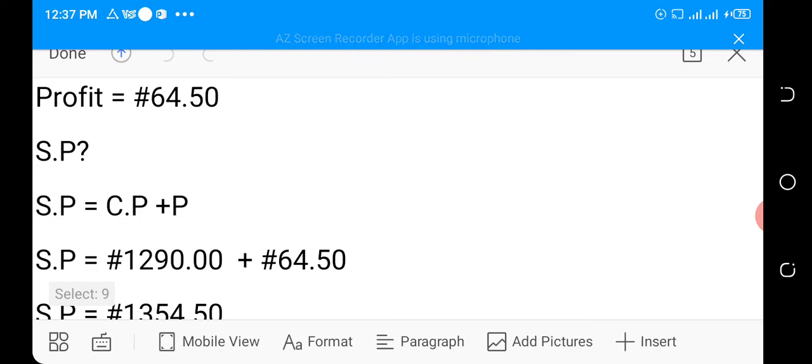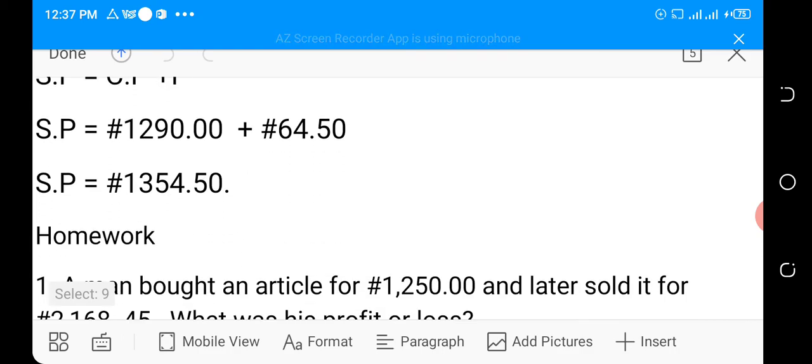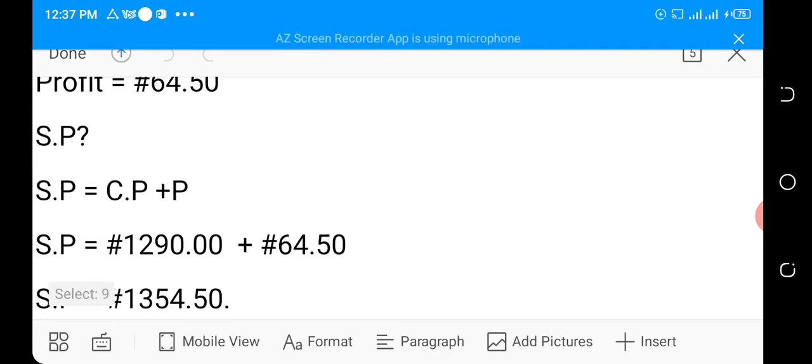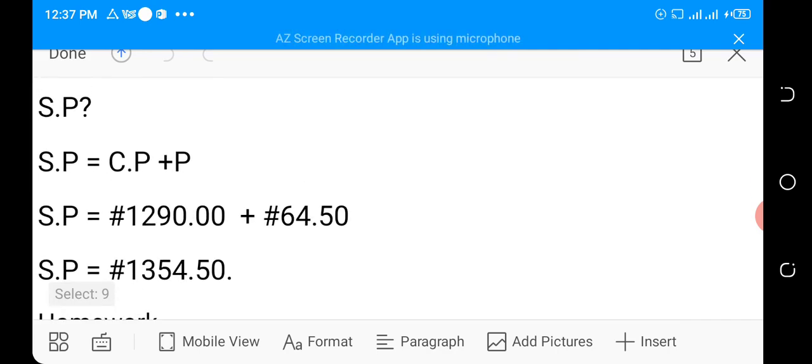Selling price is equal to CP plus profit, and you have your selling price to be 1,290 naira plus 64 naira 50 kobo. The 1,290 naira will be up and 64 naira 50 kobo will be down, and you make sure that the points are on the same vertical line.